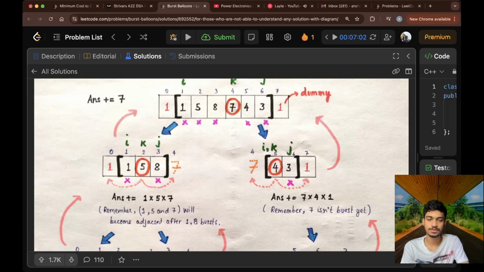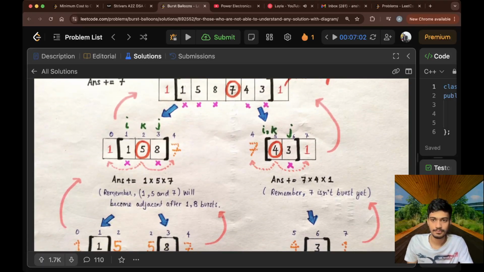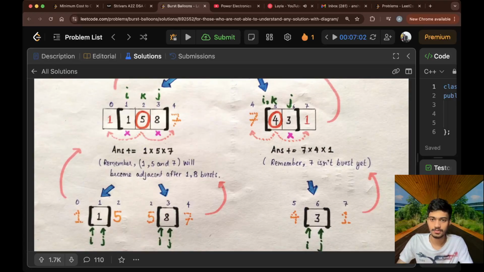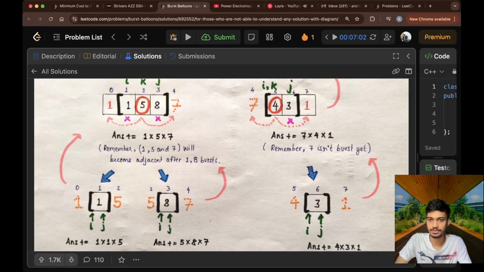Yeah, so this is the term, obviously, and there is also 1. Minus 1, plus 1. Remember, 1, 5 and 7 will become adjacent after 1 and 8 are burst. Yeah, true. If 1 and 8 are burst, then 7.